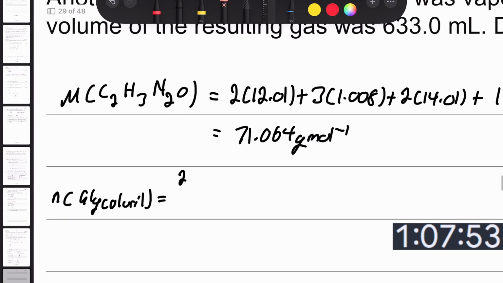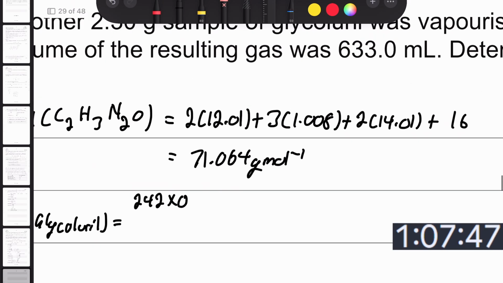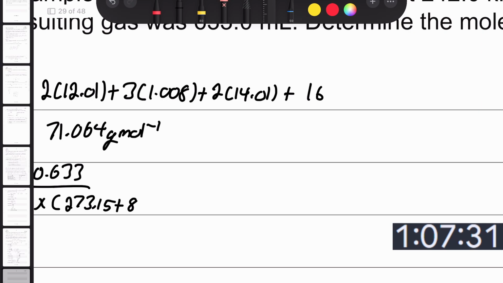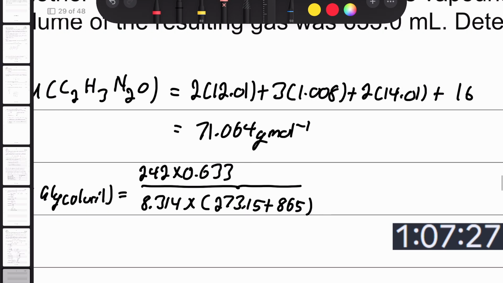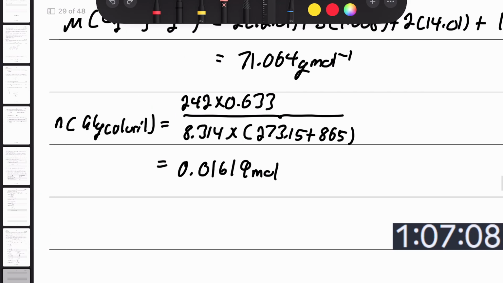So pressure is 242 times volume, which is 0.633, over R, which is 8.314, times T, which is 273.15 plus 865. This is going to give me 0.01619 moles.